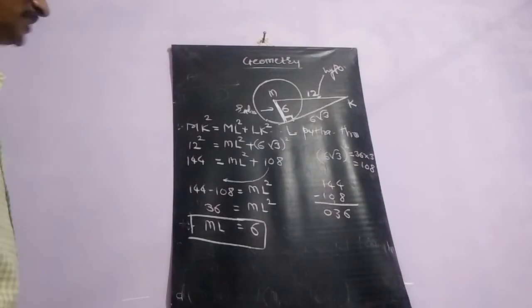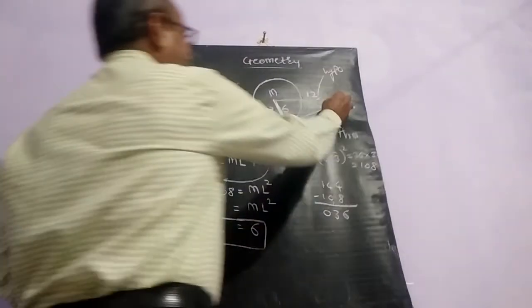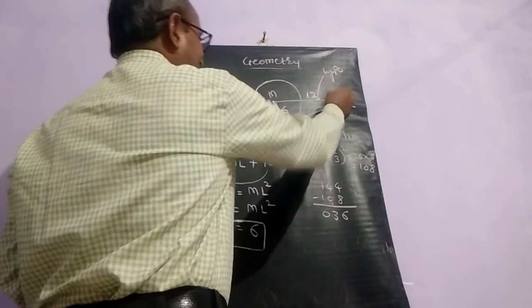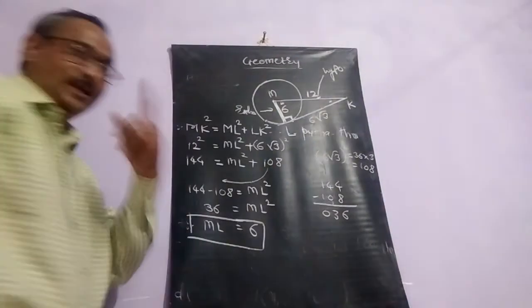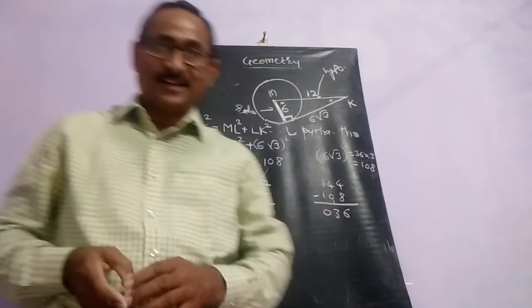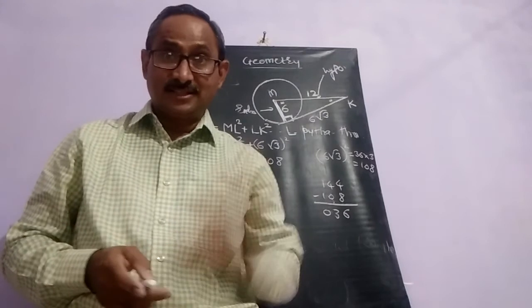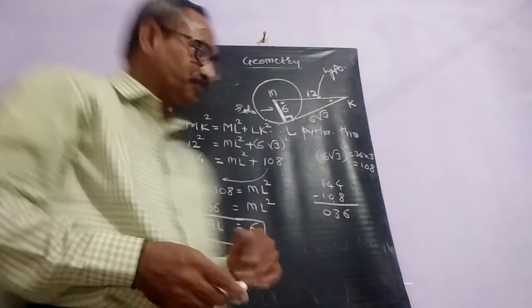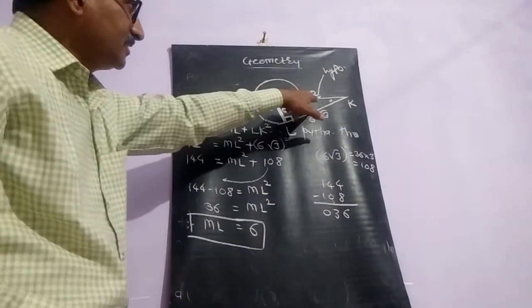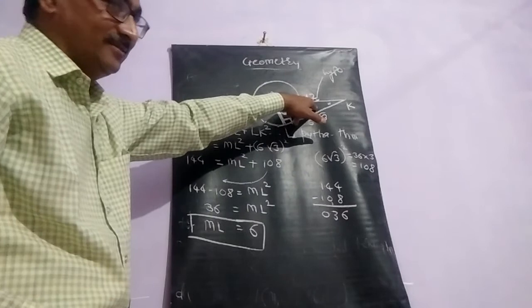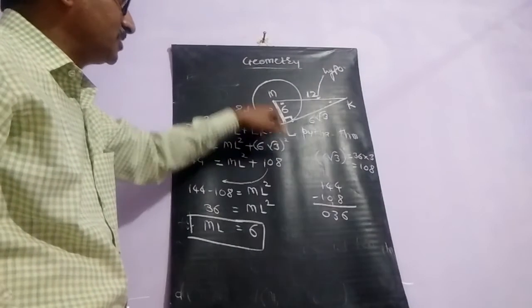Now the next question, which is the measure of this angle and this angle. Yesterday we had learned this type of question. This is the hypotenuse, which is 12, and this is a side which is 6.